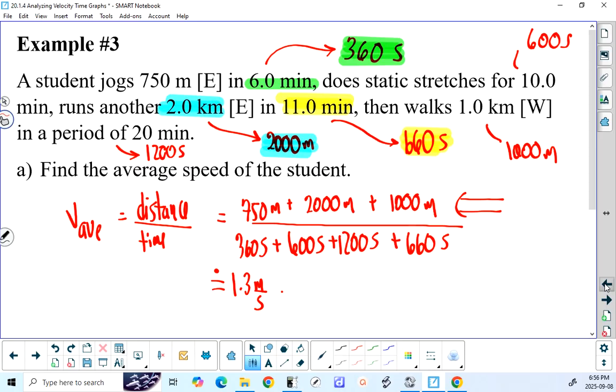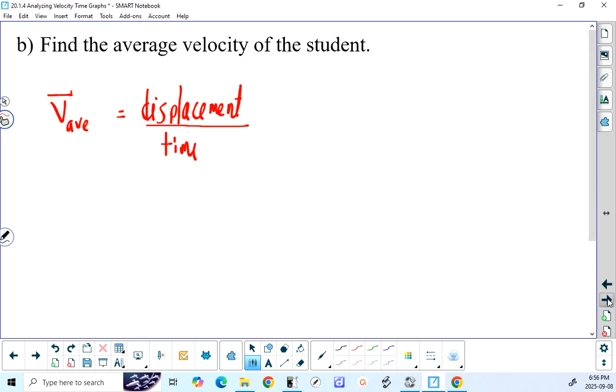So for example, that 750 meters is east, the 2,000 meters is east, but the 1,000 meters is west. So what I might recommend here is you find the total displacement first. Just to back up for a second, this is distance, but as soon as I put that vector symbol over, we're talking displacement.